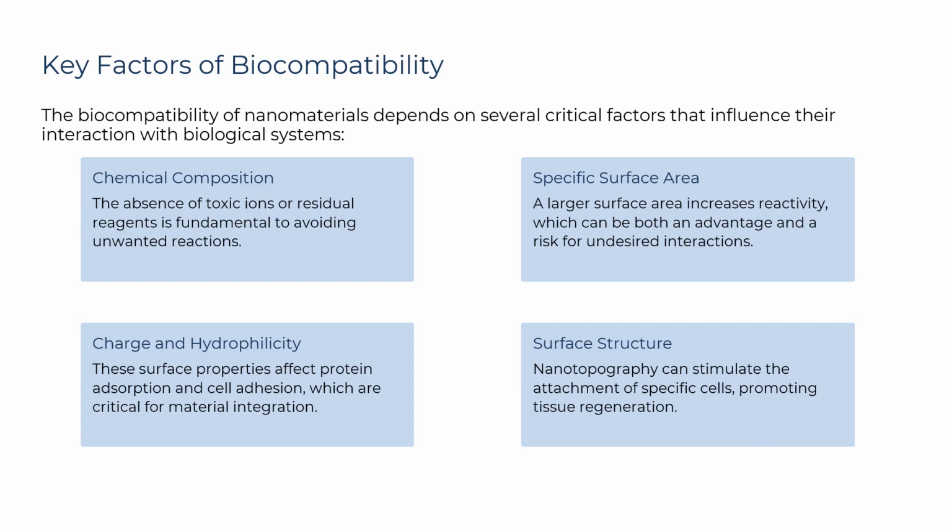Specific surface area: a larger surface area increases reactivity, which can be both an advantage and a risk for undesired interactions. Charge and hydrophilicity: these surface properties influence protein absorption and cell adhesion, which are critical for material integration. Surface structure: nanotopography can stimulate attachment of specific cells, promoting tissue regeneration.